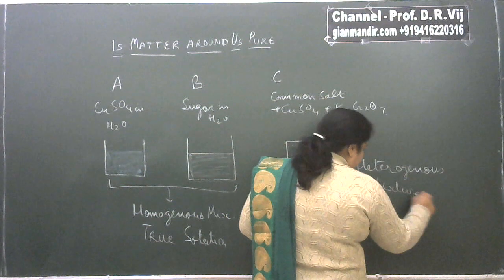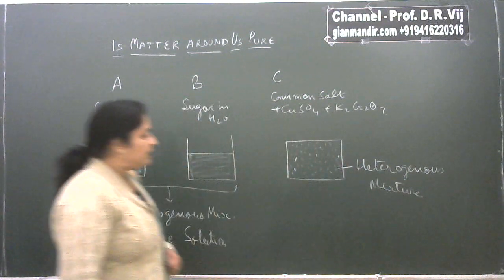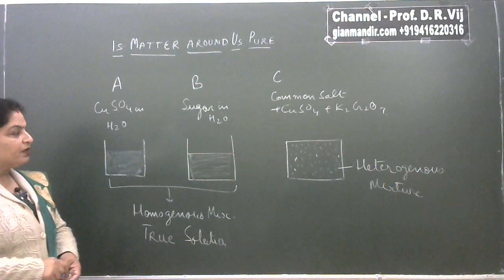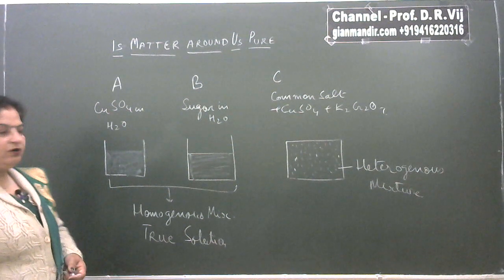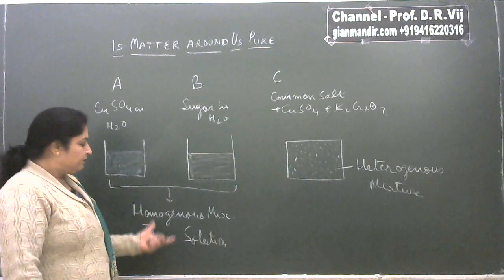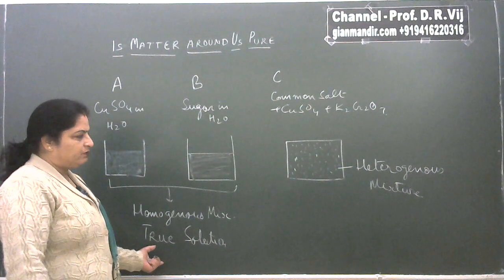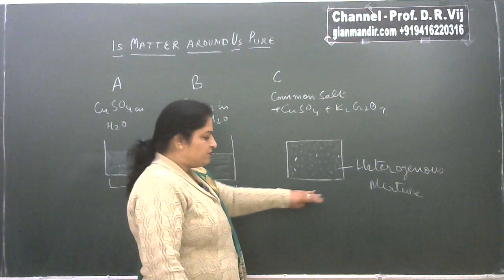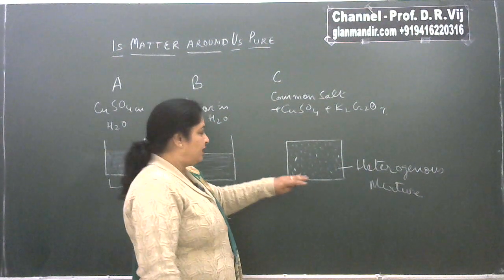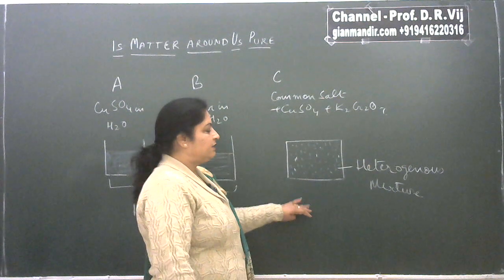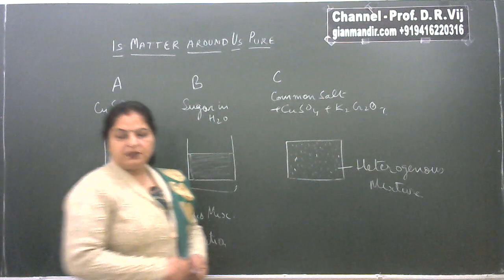So by this activity we can conclude that a mixture having a uniform composition of particles, where particles of different components are not separately identifiable, is a homogeneous mixture, and the mixture where there is no uniform composition and the particles are easily identifiable is known as a heterogeneous mixture.